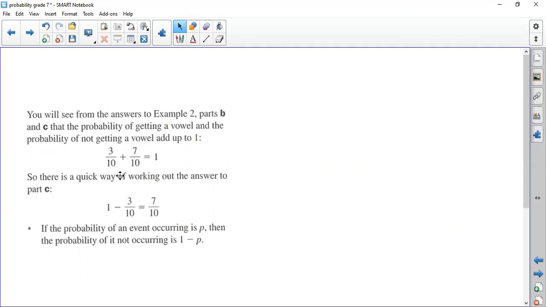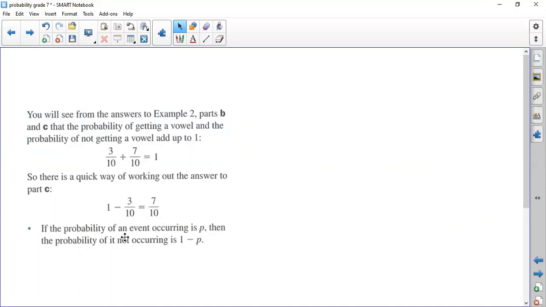We know that the probability for getting a letter from the word statistics will be 1. So if a part of them is vowel and the other part not, to get the not part, we have to subtract from 1 the probability of getting a vowel, which is 3 over 10. So the probability will be 7 over 10.